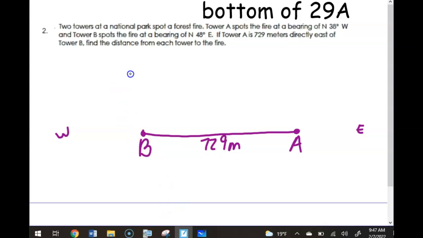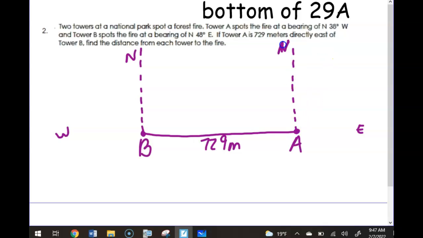All right. So there's a fire out here between them somewhere. We're going to put a line here. Both of them say off of north, so that's why I'm drawing my lines to the north here. Okay, so Tower A spots at a bearing of 38 degrees towards the west.